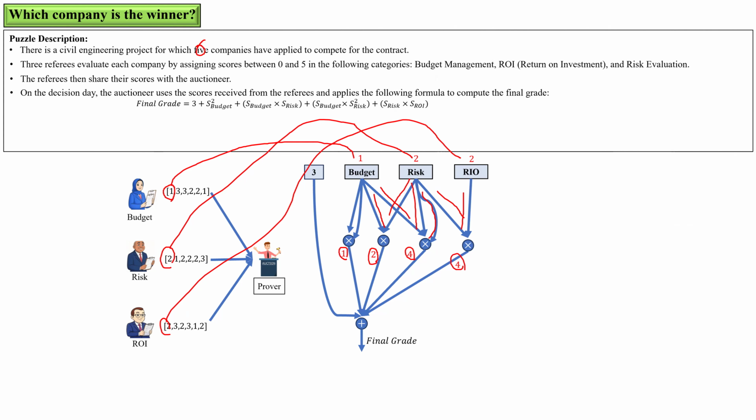So then 4 plus 4 plus 2 plus 2 plus 3 equals 14, and this is the grade for the first company, right?